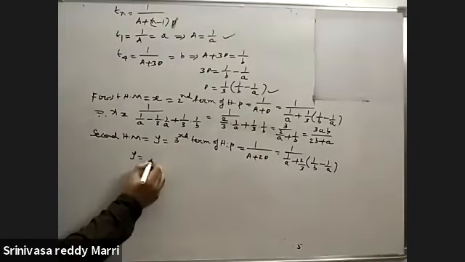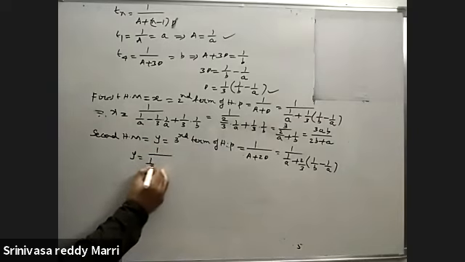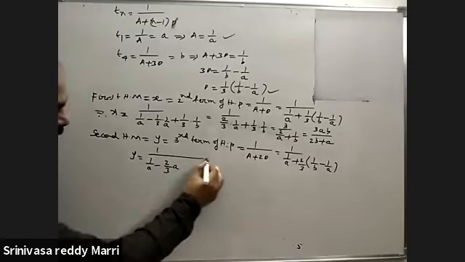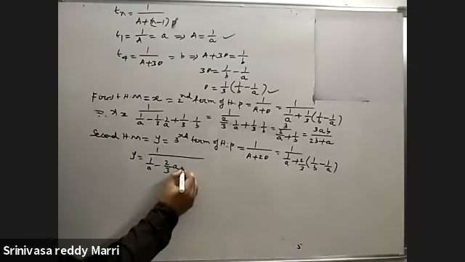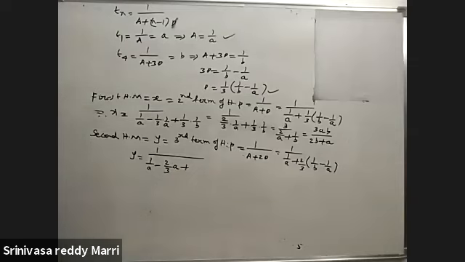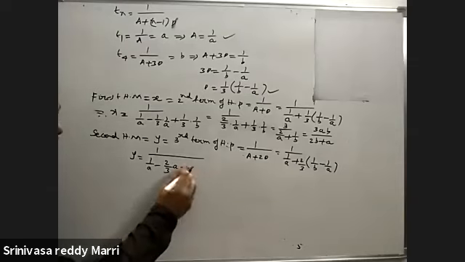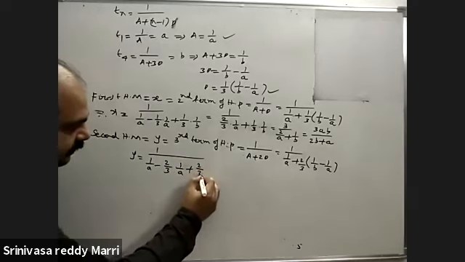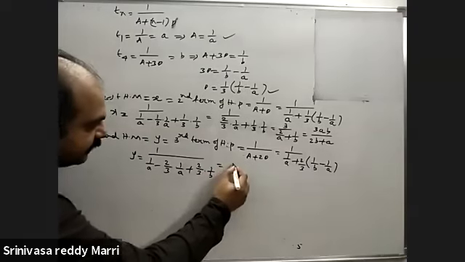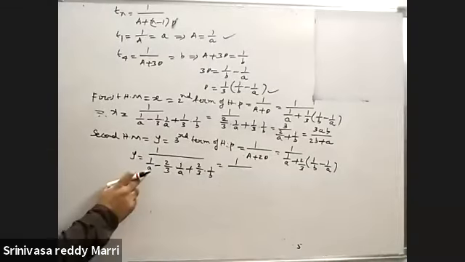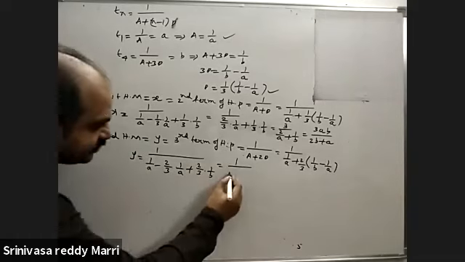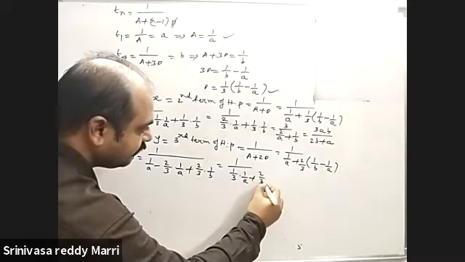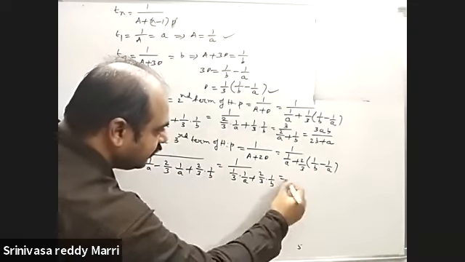Further simplifying: 1 divided by (1 by a minus 2 by 3a plus 2 by 3 into 1 by b). If you take 1 by a common, 1 minus 2 by 3 is 1 by 3 into 1 by a, plus 2 by 3 into 1 by b.